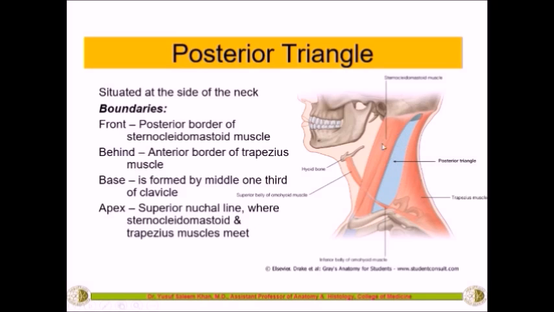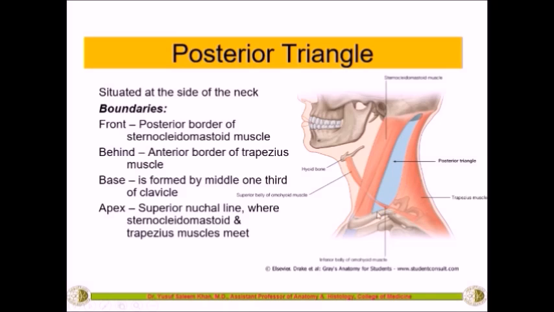This is the area present behind the sternocleidomastoid muscle. Anteriorly we have this muscle, the sternocleidomastoid, and its posterior border forms the anterior boundary. Posteriorly we have the trapezius, and its anterior border forms the posterior boundary.